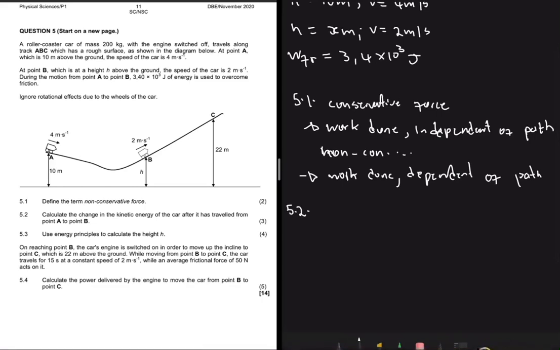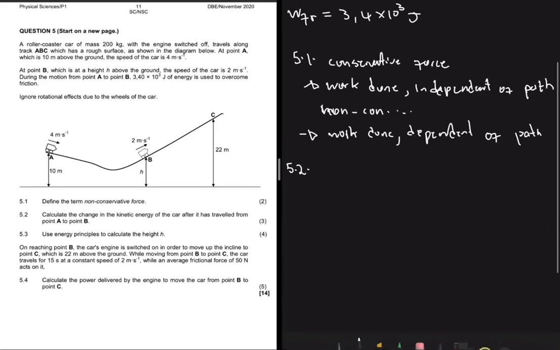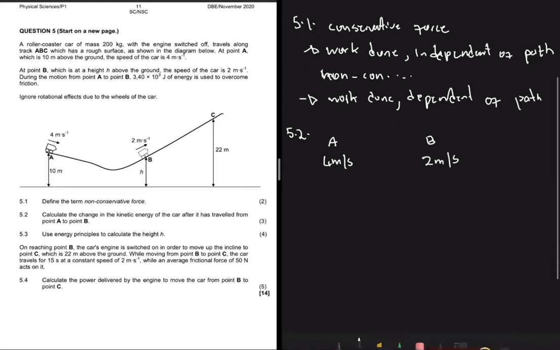5.2, calculate the change in kinetic energy of the car after it has traveled from point A to B. This is quite straightforward. So point A is our starting point and point B is our ending point. At point A, like we jotted down when we were writing the given information, we have 4 meters per second, and at point B, we have 2 meters per second. So we know that kinetic energy is given by 1 over 2 mv squared.